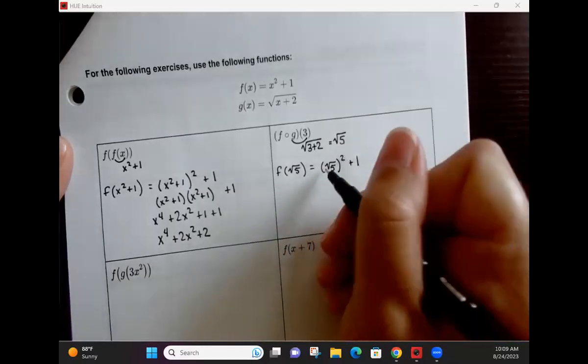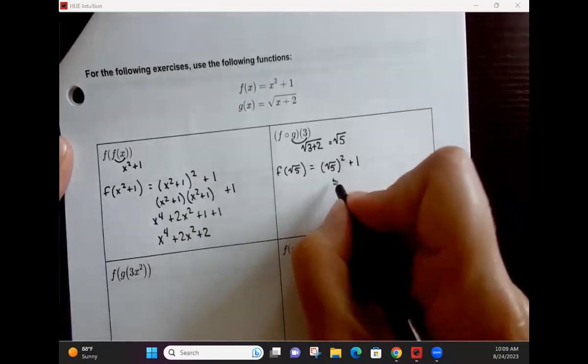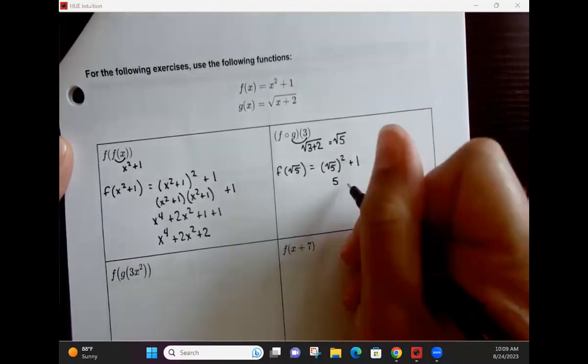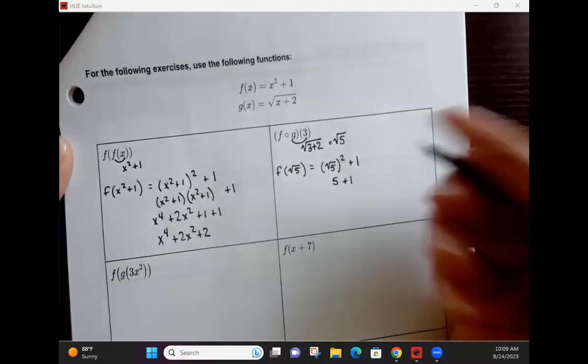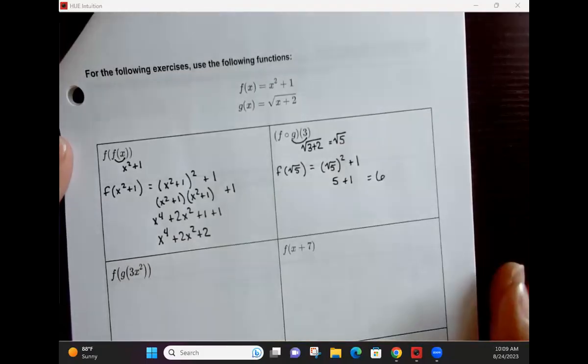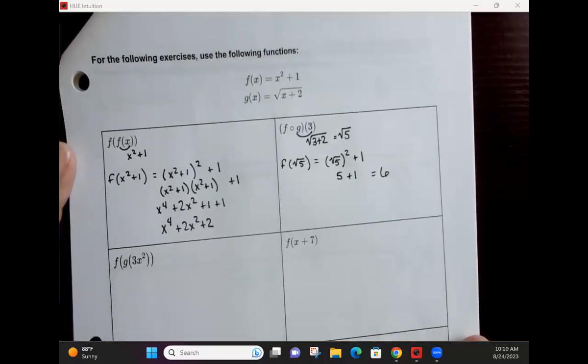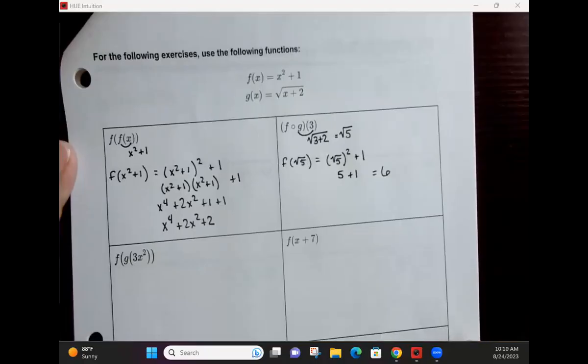What happens when I square the square root of 5? I get just 5, right? So we would get 6 here. Questions for me so far on page 18?